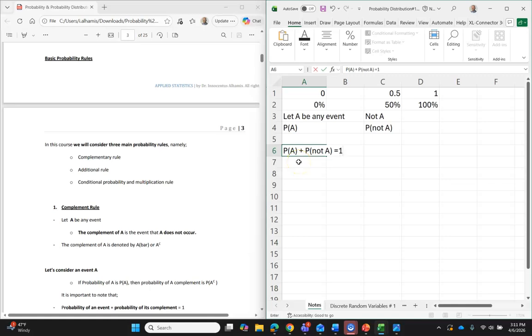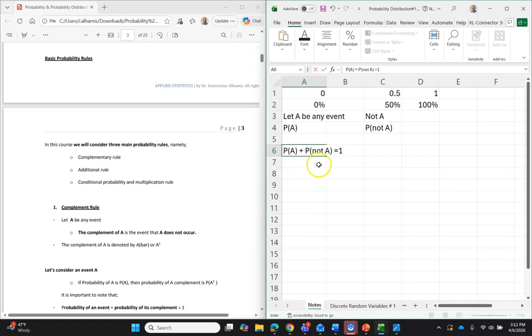When you add the probability of an event plus the complement of that event, the answer will be 1, that means we have exhausted all the possibilities. Talk about rainfall. If our event is rainfall, so we say probability of having rain, and the opposite of that is probability of not having rain. If you add them, you'll get 1.